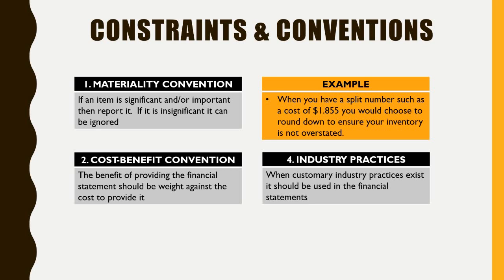You're going to get a bunch of different numbers at the end of the day. What is the rule of thumb there? You round up because it will benefit the government, right? But it will least likely overstate your assets because you're going to collect less money. Okay, so that's that idea there.